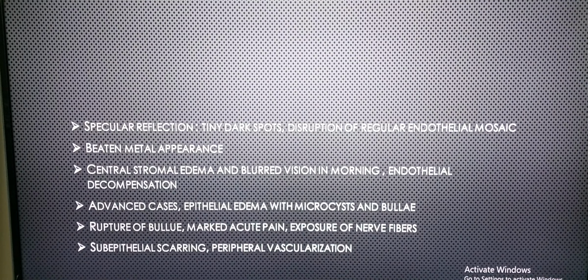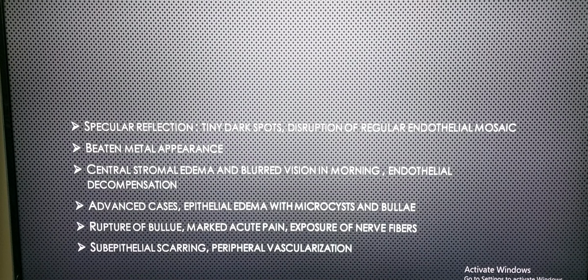This picture shows corneal guttata on specular microscopy, with tiny dark spots due to disruption of the regular endothelial mosaic pattern. There is a beaten metal appearance.